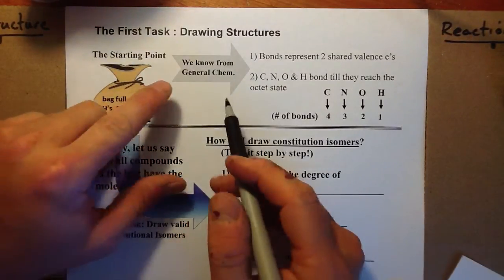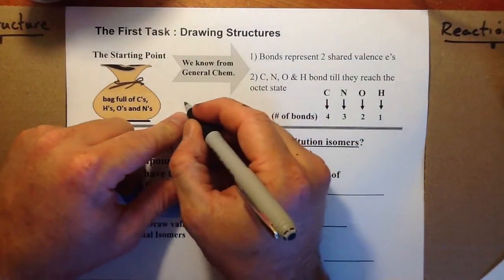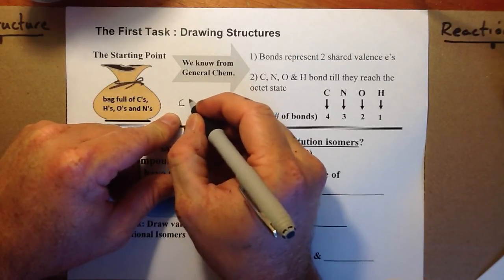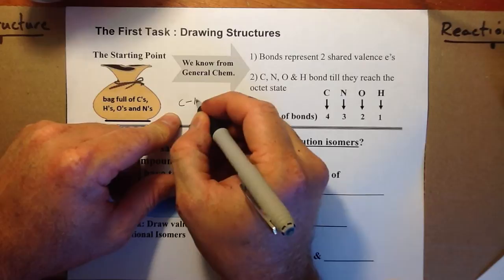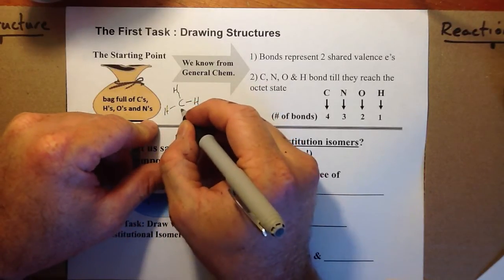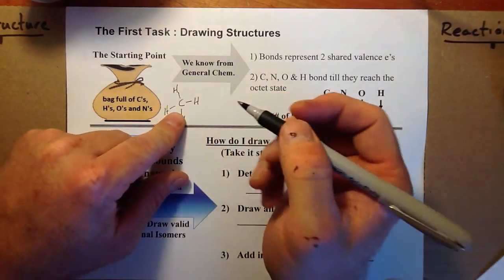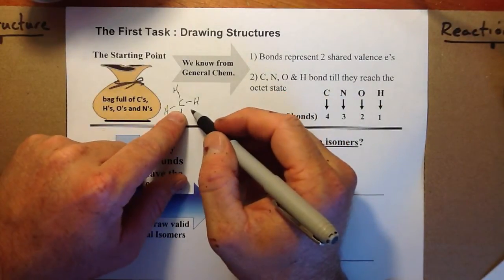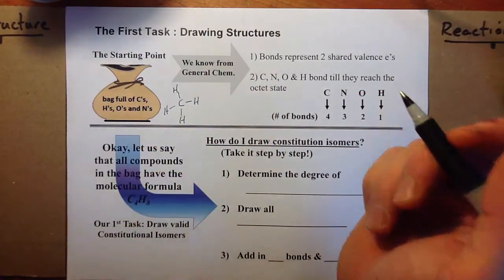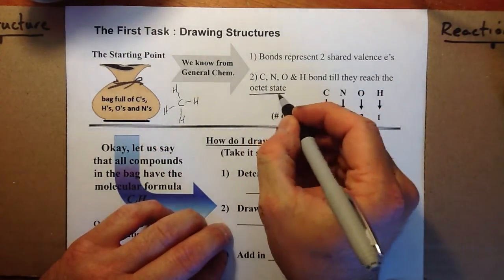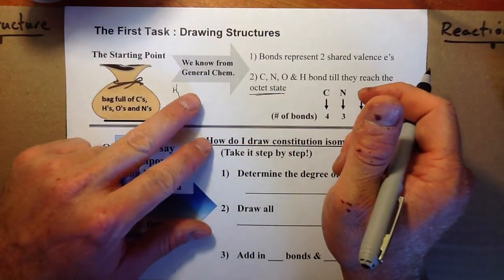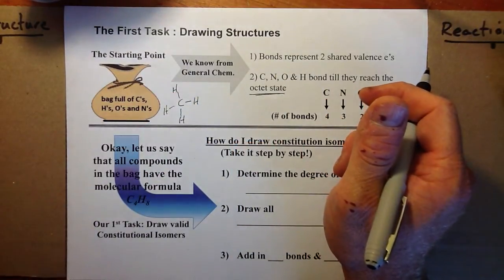Well, we would go with some ideas we've learned from general chemistry, and let me just start with one. If I gave you a carbon and 4 hydrogens, you could propose, because you know the number of electrons that carbon has around it as an atom, it has 4, and you know that it likes to go to the octet state. That's a favored state for second row elements like carbon, like nitrogen, like oxygen, and fluorine.